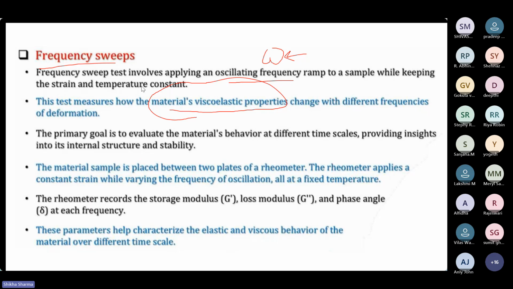From this, we can understand whether a particular product is a gel or, sometimes, an emulsion. But basically, it is a gel or not a gel. We can understand if it's more like a solid or more like a viscous, or more like an elastic. It shows more elastic property.